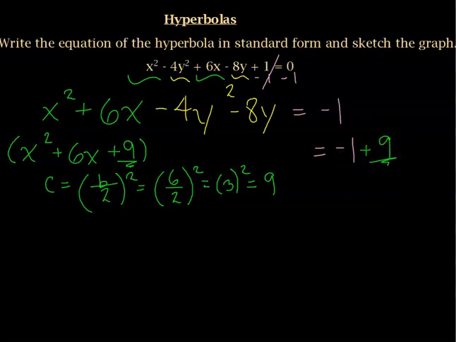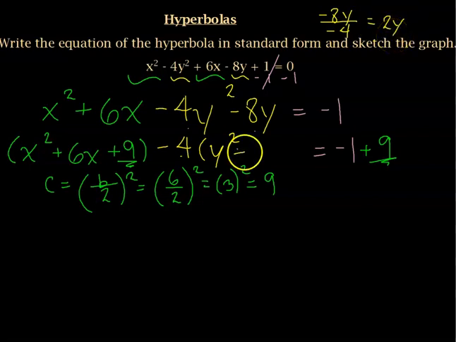And then for the y value, we do have an additional step, because notice that the a value, meaning the coefficient of y squared, is not going to be 1, so we're going to have to factor that out. So if I factor -4 out of -4y squared, I'm just left with y squared. If I factor -4 out of -8y, so I'll divide them out, -8y divided by -4, that will give me +2y.